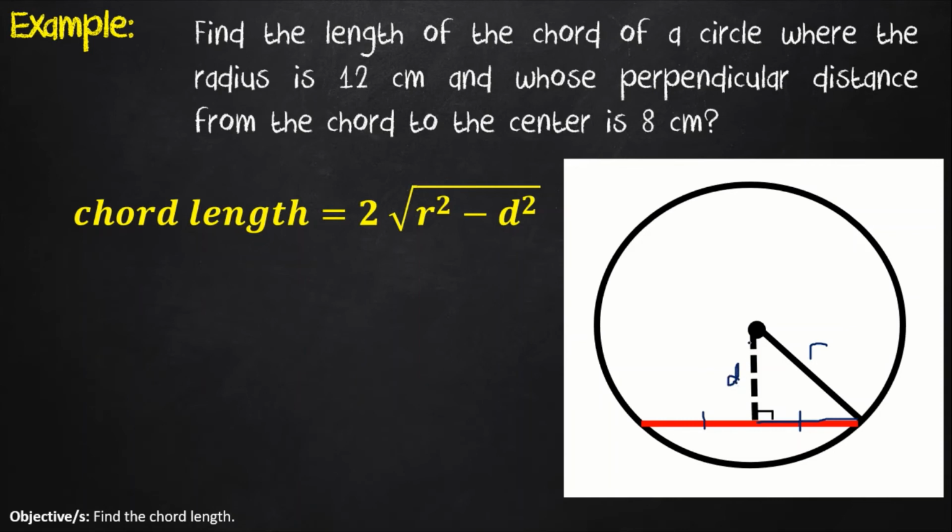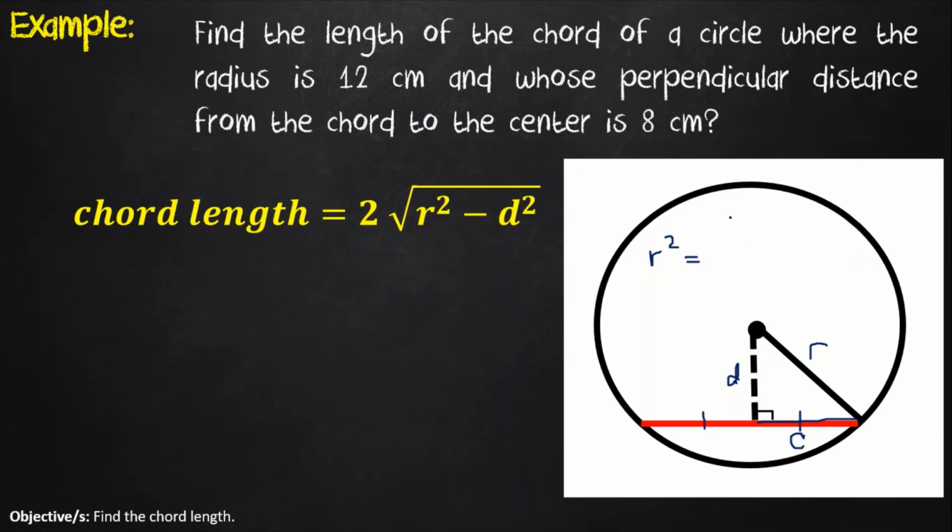Meaning the distance of the chord to the center. At ito naman yung let's represent it with c. Okay? So, alam naman natin na ang Pythagorean theorem states that the square of the hypotenuse, so in this case r, is equal to the sum of the squares of the two sides.